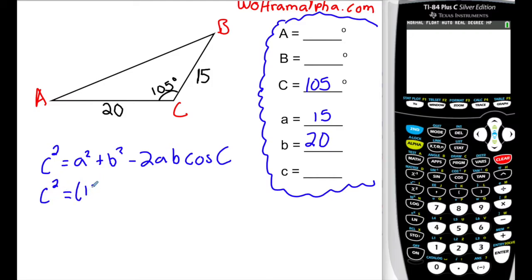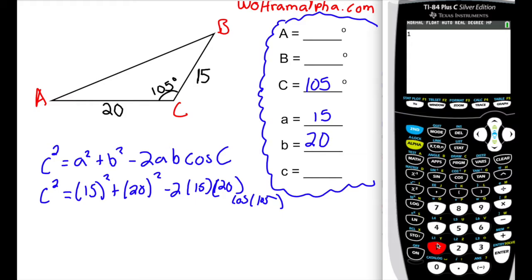So let's plug in. C squared equals a squared plus b squared minus 2ab cosine 105. So let's figure this out. On my calculator, I'm going to do 15 squared plus 20 squared minus 2 times 15 times 20. I have to hit manually cosine 105. 780.